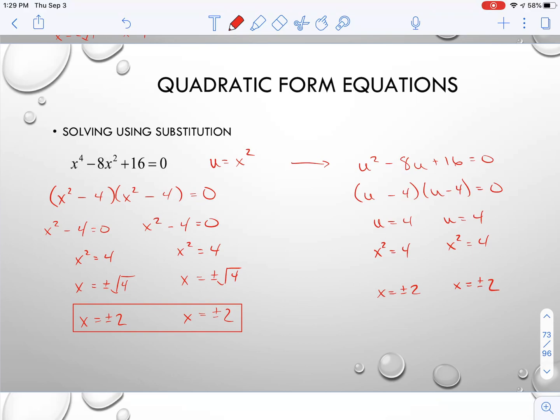So again, I get the same solution regardless of which method that I use. You may prefer one over the other, and it's totally fine if you use one for a certain problem and a different method for another problem, whichever makes the most sense for the particular equation or problem that you are looking at.